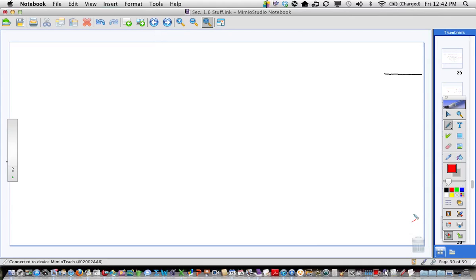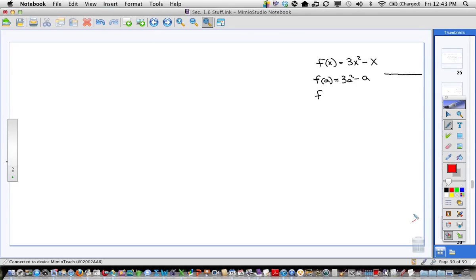Okay, so I'm going to go with f of x equals 3x squared minus x. Now, some of you saw this on the board earlier. What's f of a then? What's f of a? Isn't it 3a squared minus a?